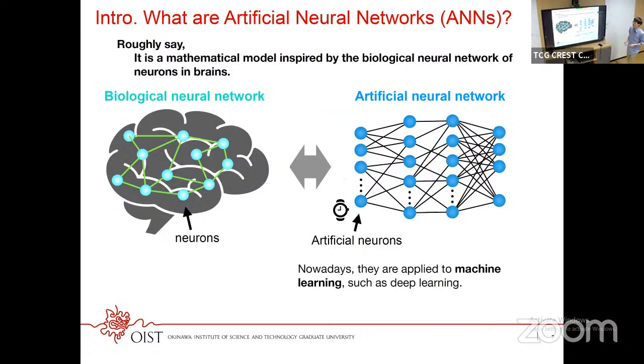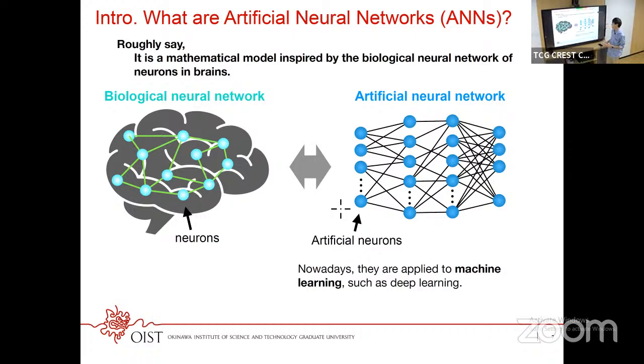So what is a neural network? I would like to briefly explain what an artificial neural network is. Roughly speaking, it is a mathematical model inspired by the biological neural network of our brain, like this one. In our brain, we have neurons, and these neurons are connected and make a network structure like this.